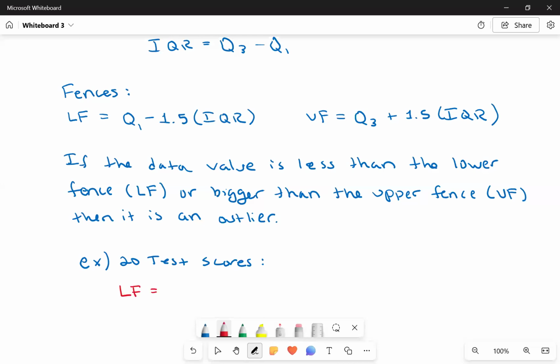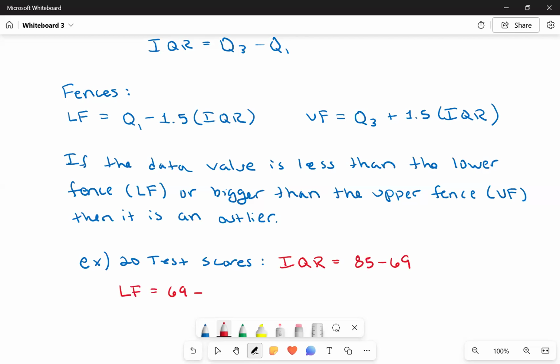So Q1 was 69 minus, oh, let me go ahead and find IQR real quick. So IQR is 85 minus 69, which is 16. Sorry, that's a sad looking 8.